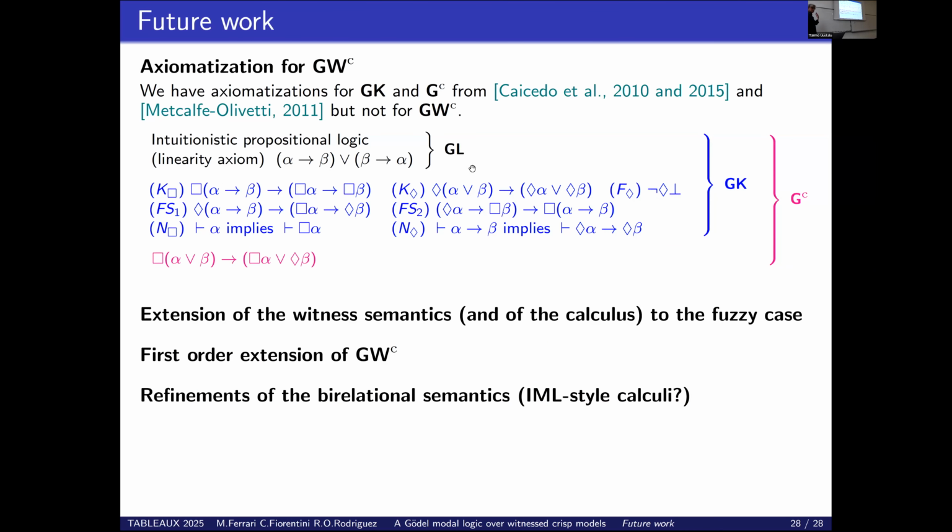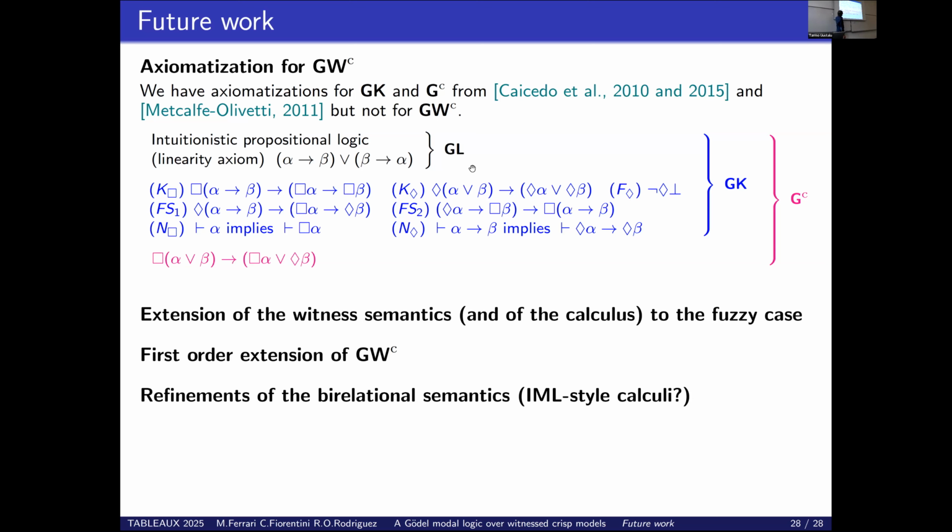Future work: there is not an axiomatization of our logic, but there are axiomatizations of Gödel and Gödel modal logics, so we are studying the possible axiomatization. We are extending the witness semantics to the fuzzy case, regarding non-crisp Kripke models.